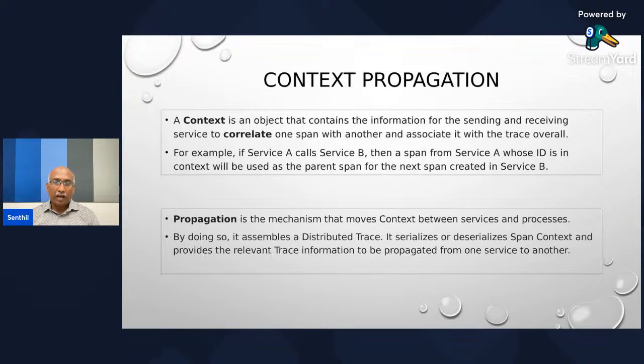That is when I understood that it is all because of the context and the context propagation. And by the way, context propagation is handled totally by OpenTelemetry. You don't have to do anything at all to do context propagation. All right.